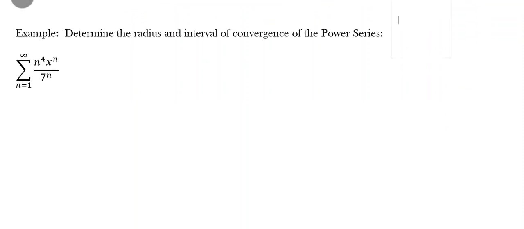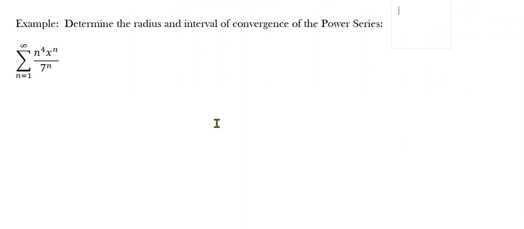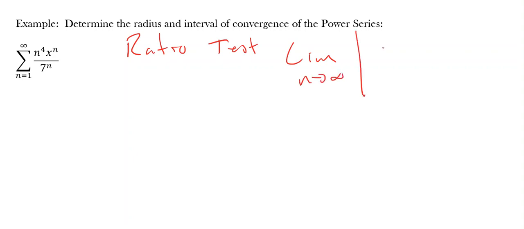Determine the radius and interval of convergence of this power series. So we're going to use the ratio test to do this. And so remember, the ratio test says that we are going to take the limit as n approaches infinity of the absolute value of a sub n plus 1 over a sub n. And we sometimes refer to that as rho.